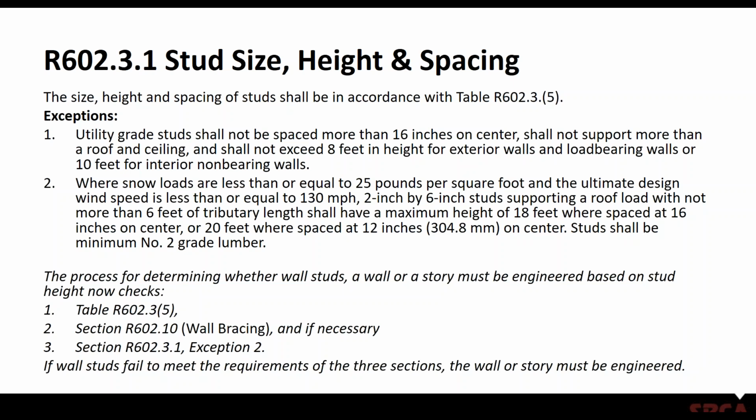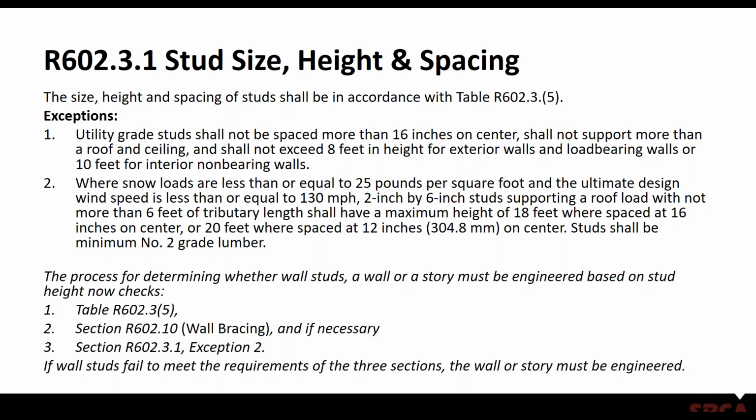When it comes to tall walls, restriction number 2 is where snow loads are less than or equal to 25 pounds per square foot, and ultimate design wind speed is less than or equal to 130 miles per hour. 2x6 studs supporting a roof load with not more than 6 feet of tributary shall have a maximum height of 18 feet where spacing is 16 inches on center, or 20 feet where spacing is 12 inches on center.